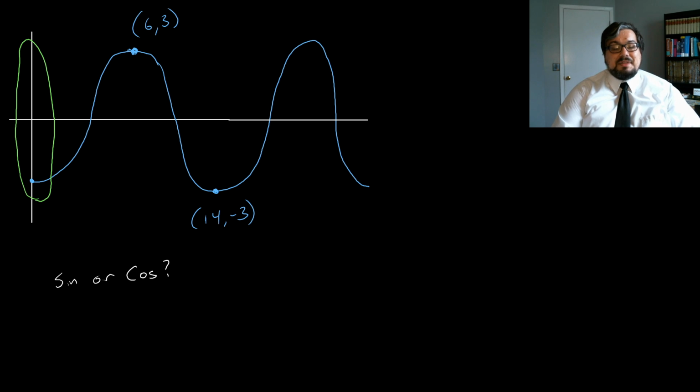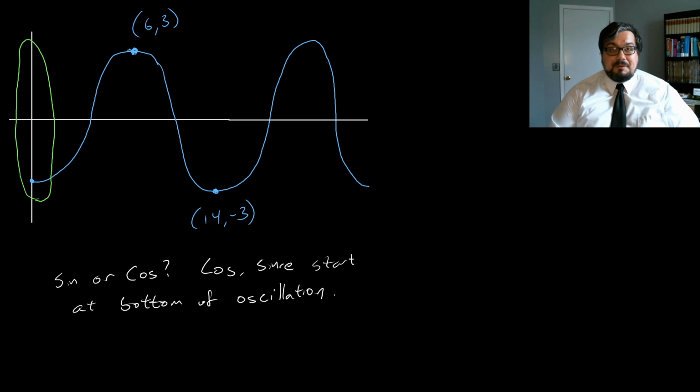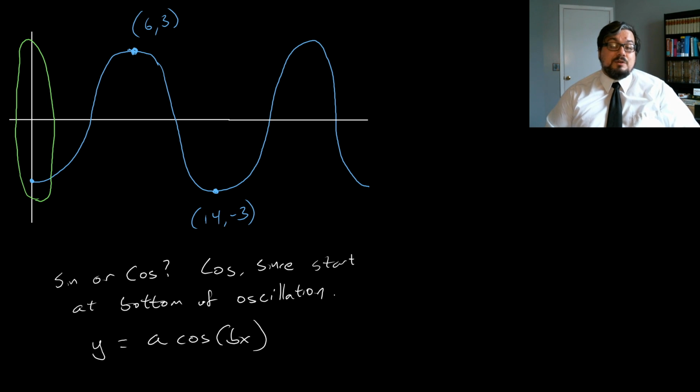It starts down at the bottom of its oscillation, and therefore it's cosine. We would also choose cosine if we were starting at the top of the oscillation. We only choose sine if we're starting at the middle. So we've got y equals a cosine bx for some a and b, which we're about to figure out.